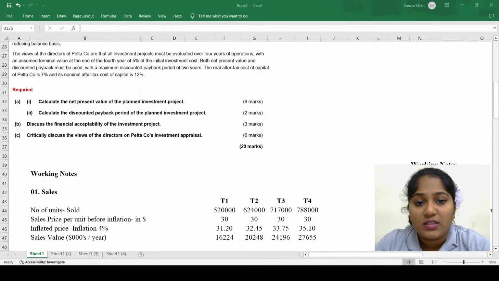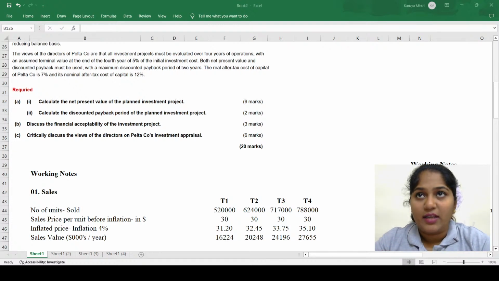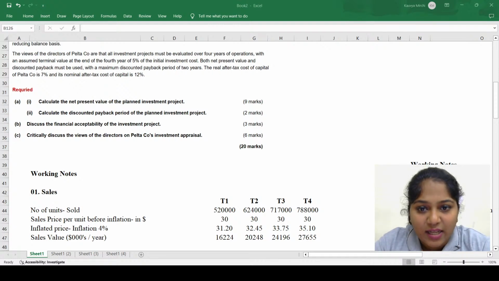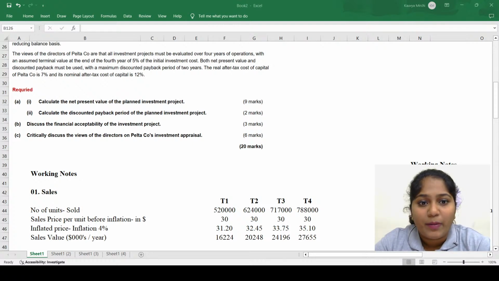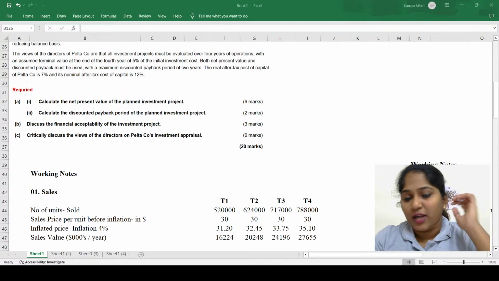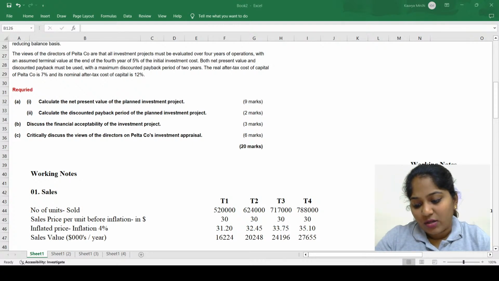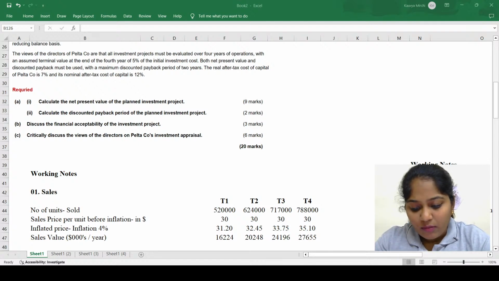So this 2 years that they're trying to keep is very short, but sometimes you have to take a little more extra, because the simple payback period will not give you the exact value, right? It's better to keep 2.5 years.